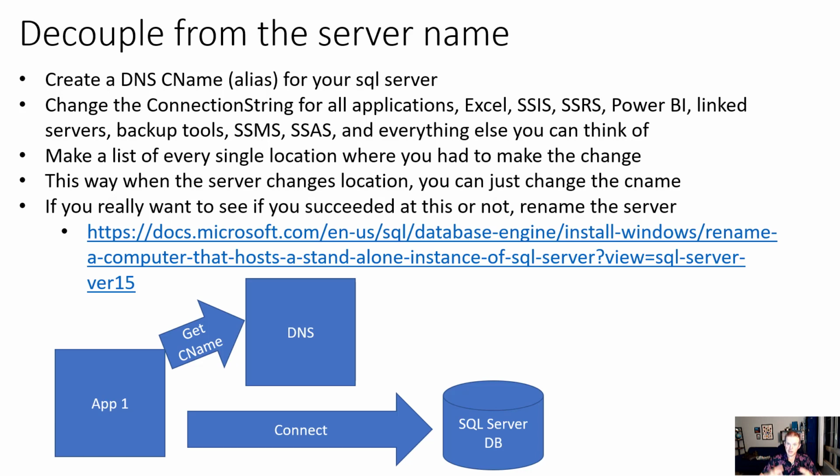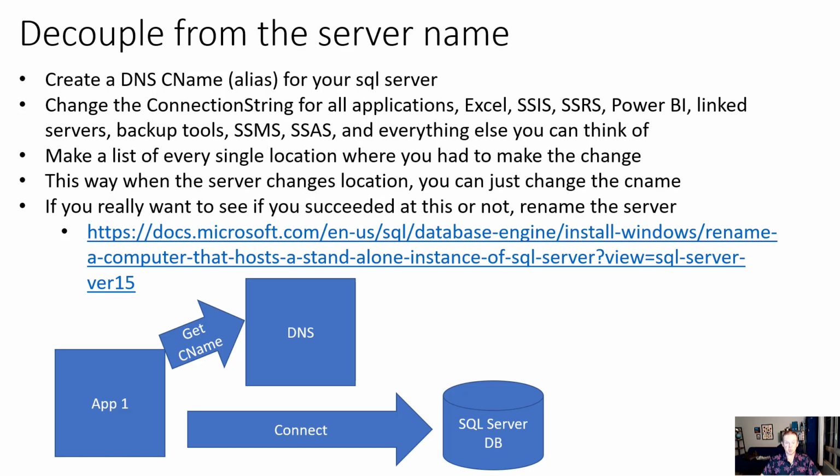Well, when you move that server into Azure, that name is going to change. And all those things that are connecting to SQL Server, their connection strings are going to need to change also. But you can make that change now before the migration even starts.